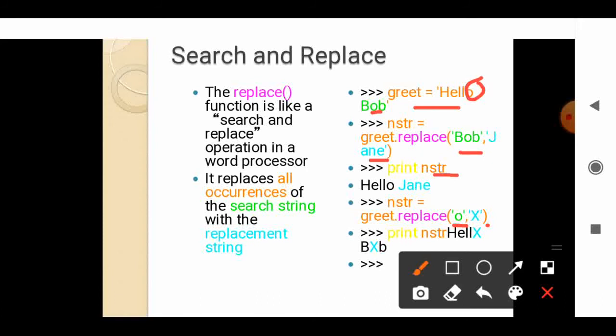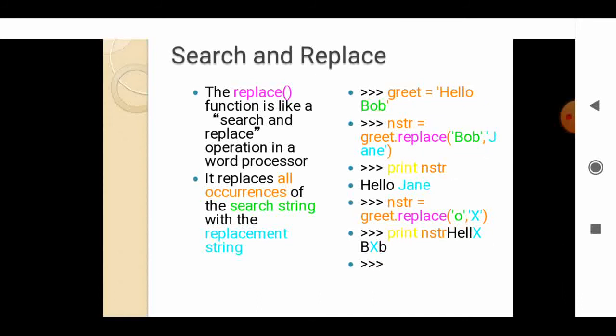So it will replace with X. Print NSTR, that means hello, instead of O it will put the character X. Here also it will replace the character X and display the result. This is called the replace function. It is used to replace the occurrence of the search string with the replacement string.